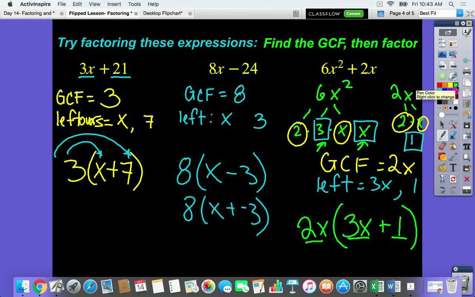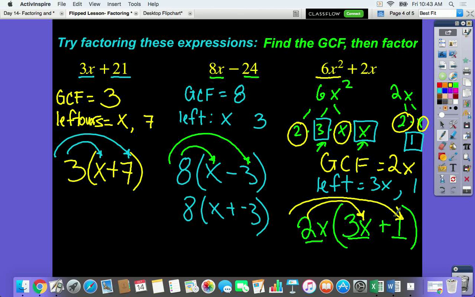Let's check the next one. 8 times x, 8x. 8 times 3, 24. And the last one. 2x times 3x. Well, I know that 2 times x times 3 times x gives me a product of 6x squared. 2x times 1, identity property, is 2x.